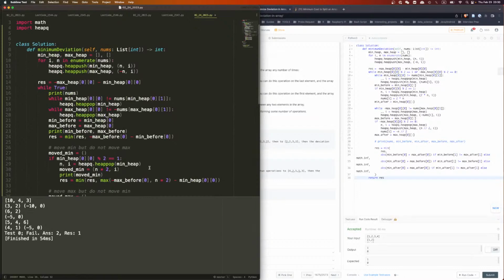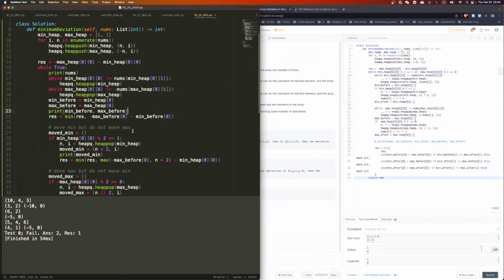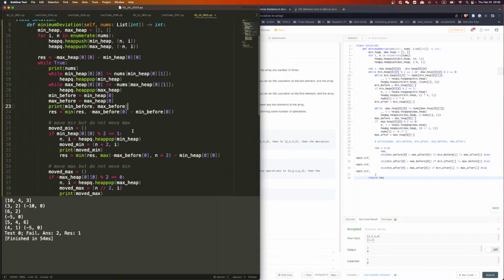So initially we have min before, max before, that is correct. And then I have 6 and 2 here, which is moved min. Yes. And the max, so it would be 6. But actually we can do this just to check, right?